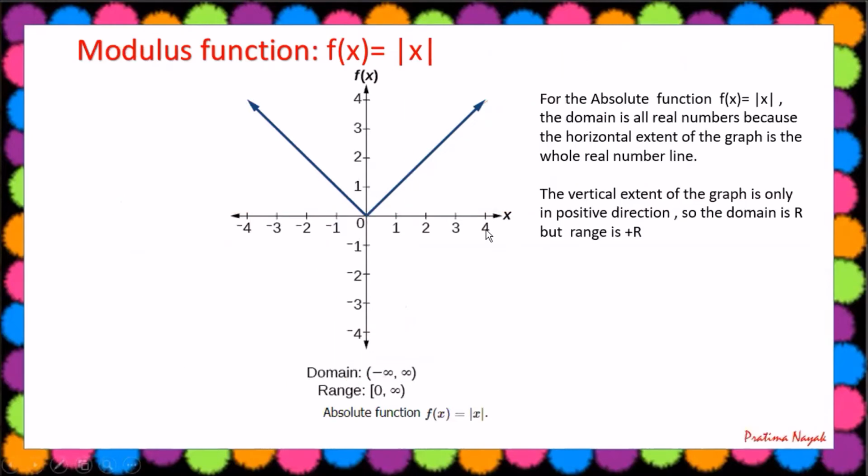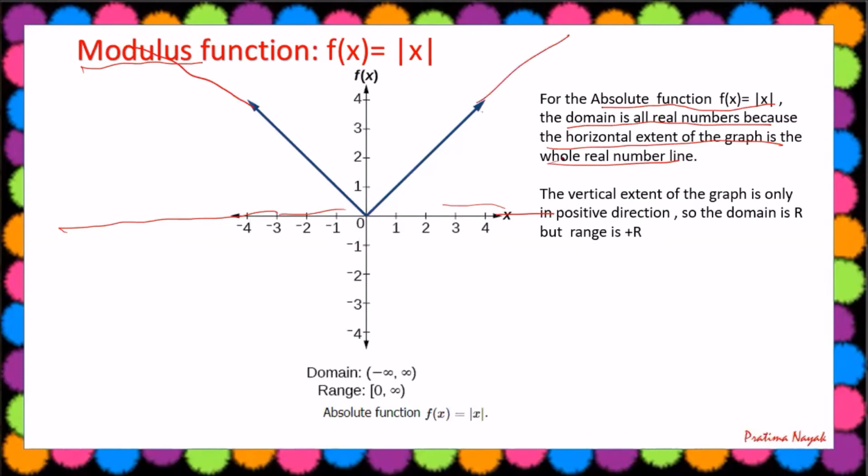Then what will be the conclusion for absolute value? This is also known as the modulus function, also known as the absolute value function. The absolute value function is f(x) equal to mod x. Its domain is all real numbers because the horizontal extent of the graph is the whole real number line, from negative infinity to positive infinity. It will extend up to infinity.